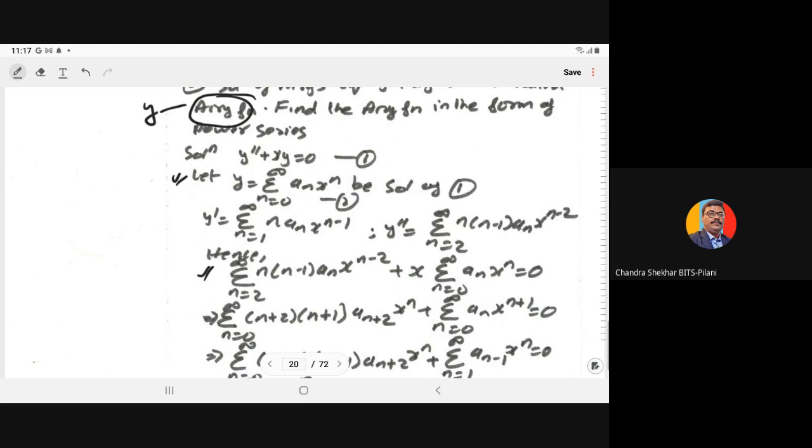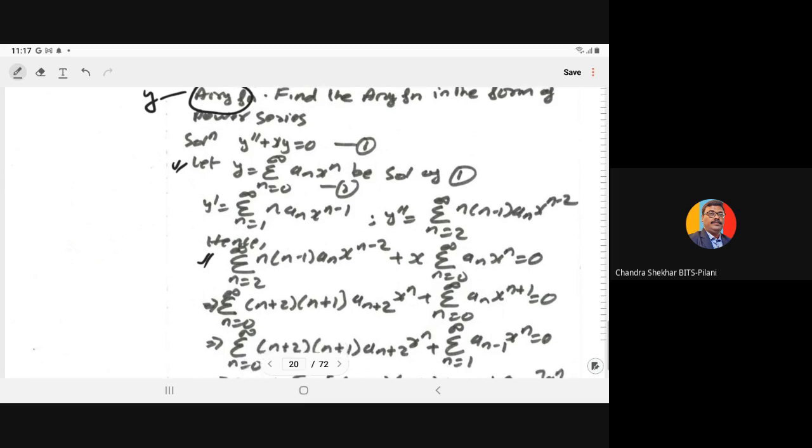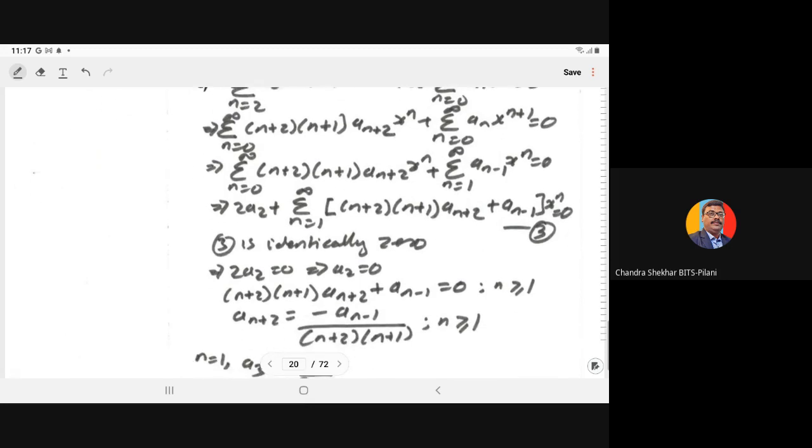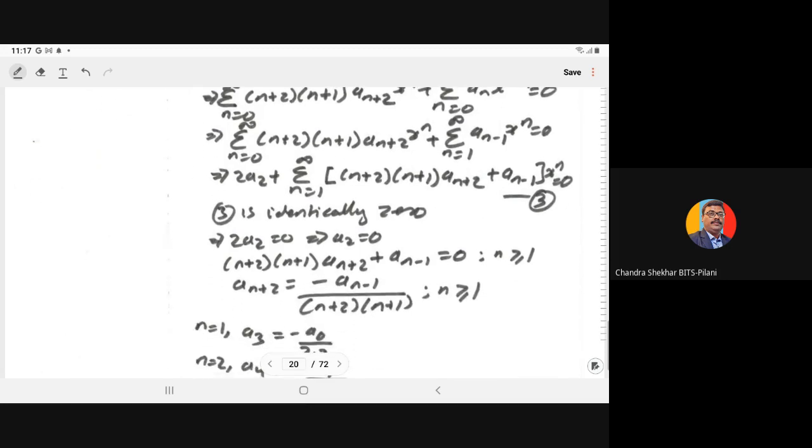Then with the usual procedure, I am not going into that part now, we have the following recurrence relation. From the first we have 2a2 is equal to 0, or a2 is equal to 0, and the recurrence relation for n greater than or equal to 1 will be an plus 2 is equal to minus an minus 1 upon n plus 2 into n plus 1.